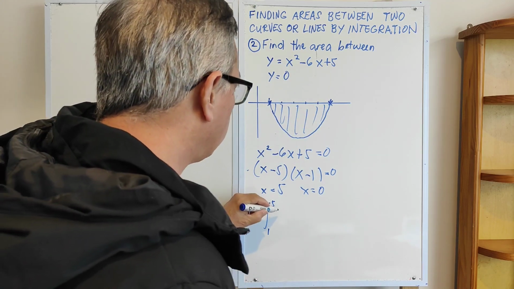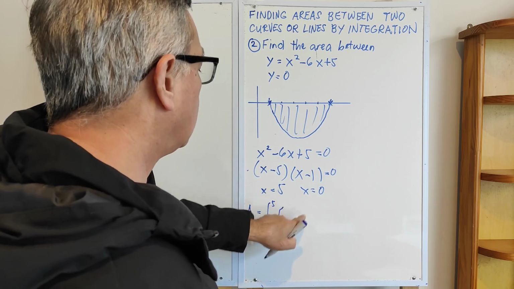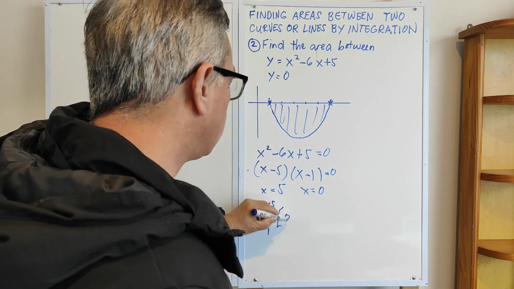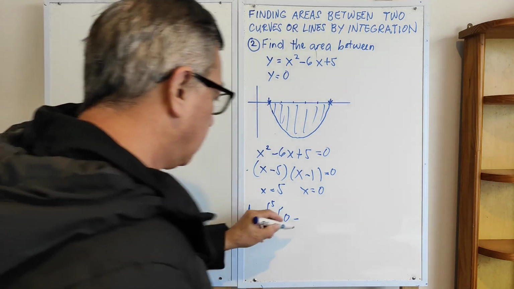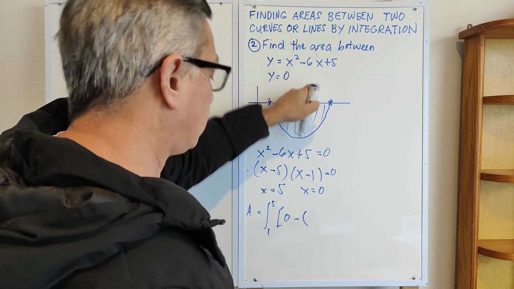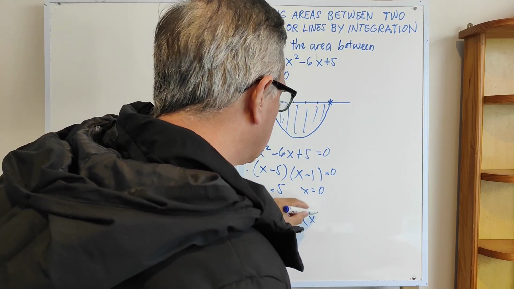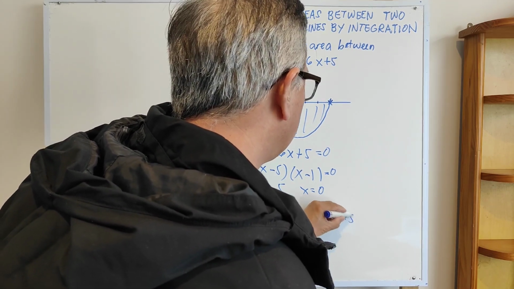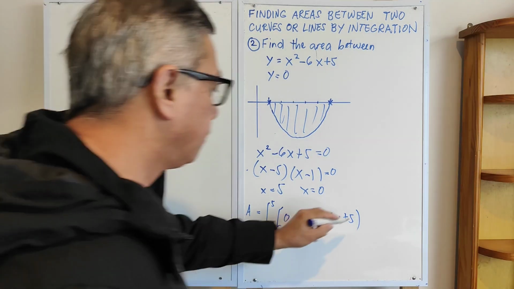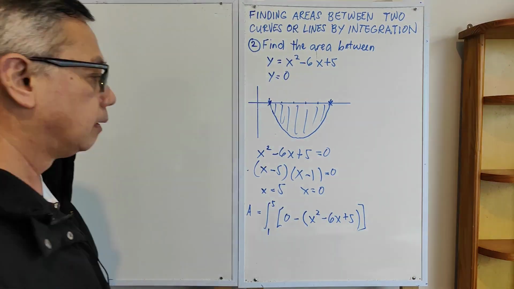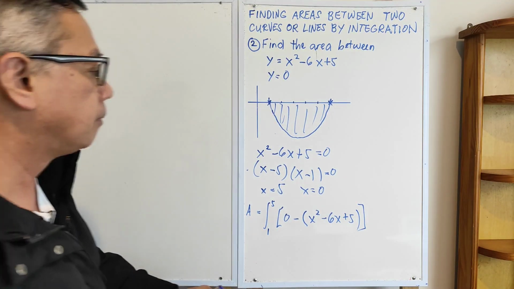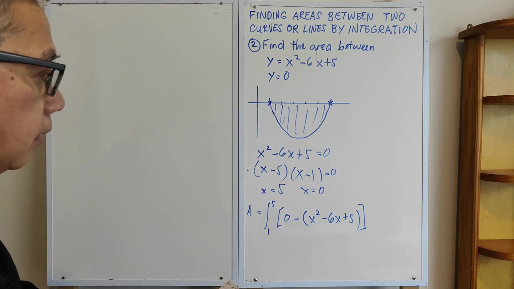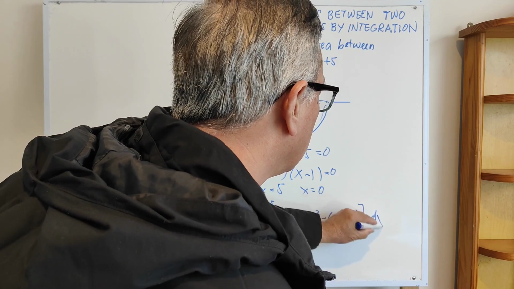The top would be the x-axis, so y is equal to 0, so 0 minus the bottom equation, x squared minus 6x plus 5, dx.